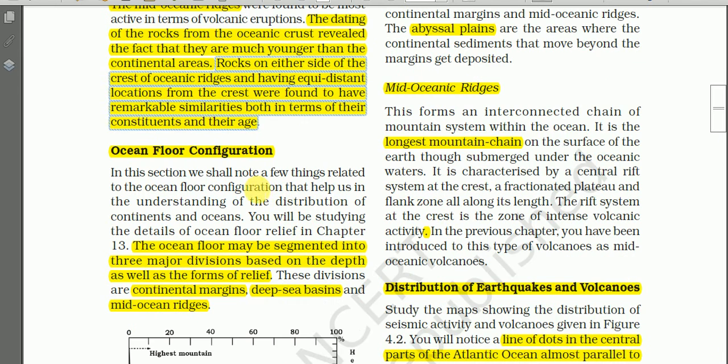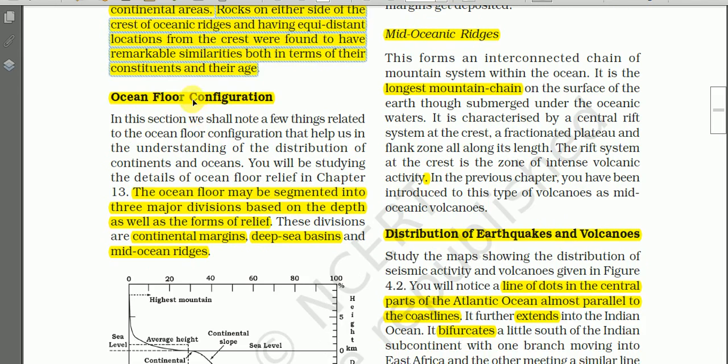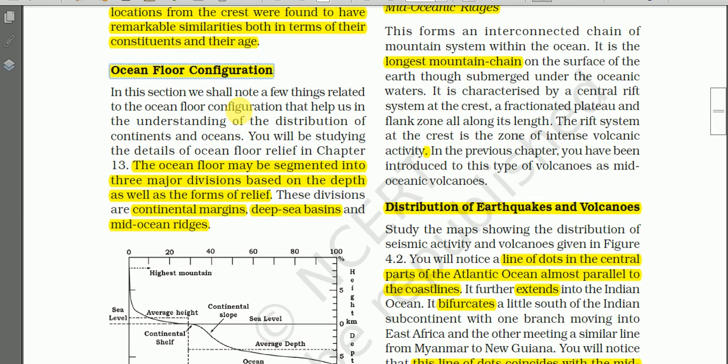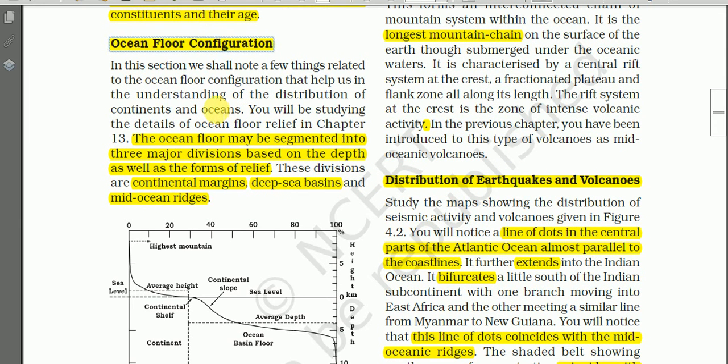Next we have the ocean floor configuration. This is about the relief of the landscape of the ocean floor. Let us read. In this section we shall note a few things related to the ocean floor configuration that help us in understanding the distribution of continents and oceans.